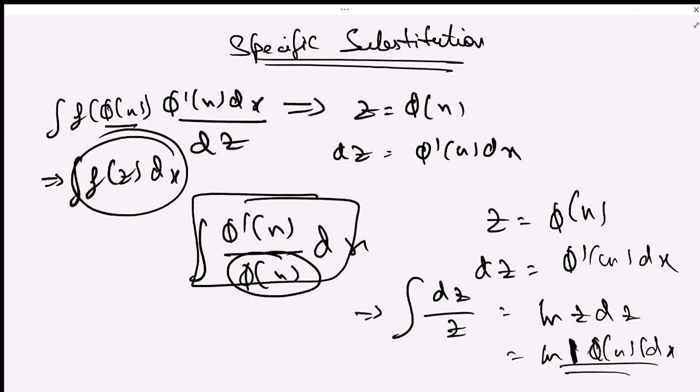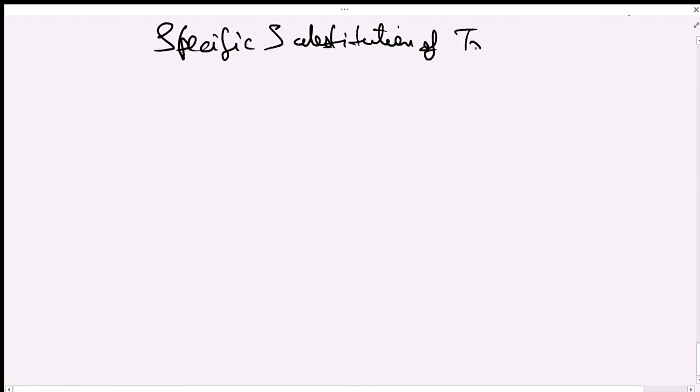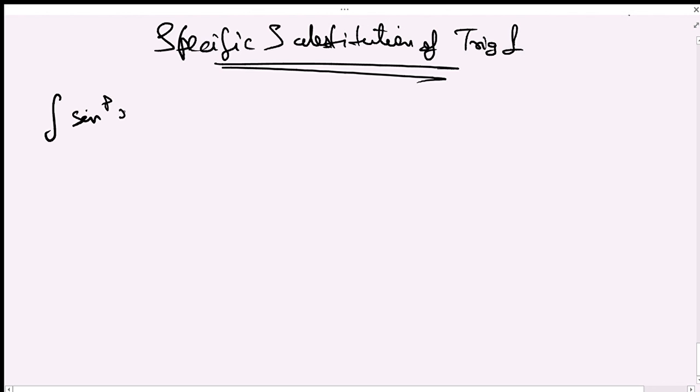Clear? Okay. Now under trigonometric substitution, these substitutions are very important because these substitutions are sometimes very confusing. So, specific substitution of trig functions. Suppose you have integration sin px and cos 2n minus 1 x dx, where n belongs to natural numbers.